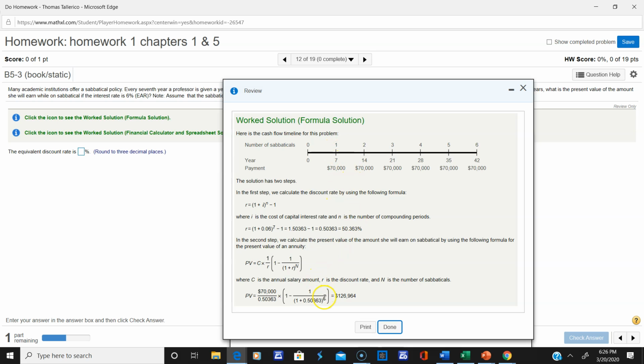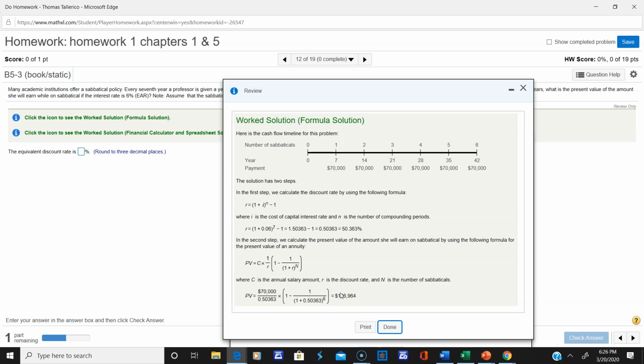Now, you notice this is 7 here because we were getting the interest rate for each 7 years, but now we have 6 7-year periods. So now we have 6 periods. This is like winning $70,000 a year for 6 years, and they're saying, what is the equivalent lump sum if I wanted to take that all today up front?